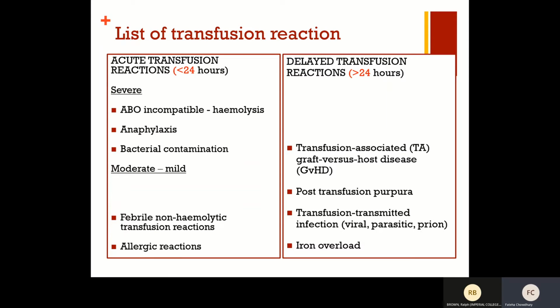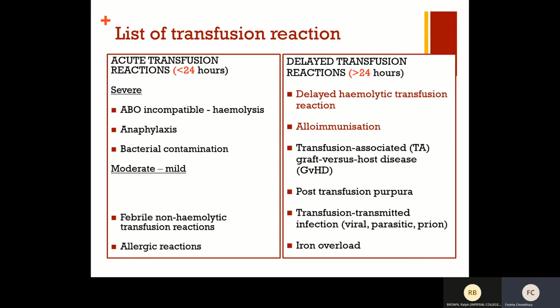So on this slide, I've got a list of all the transfusion reactions split up according to whether they're acute on the left-hand side, so those that occur within 24 hours, or delayed, on the right-hand side, those that occur after 24 hours.